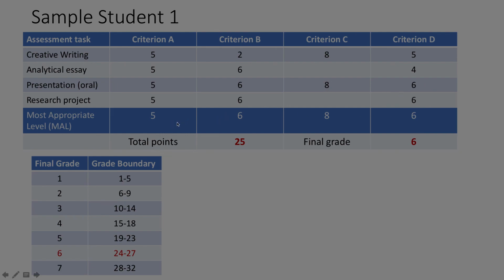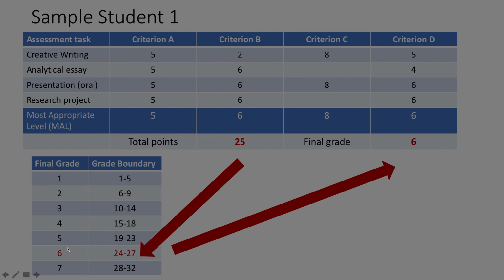So the total, when you add up the most appropriate level here, is 25. 6 and 6 is 12, and 8 is 20, and 5, 25. So 25 is between the grade boundary for a final grade of 6, and so that is the grade that the student gets.